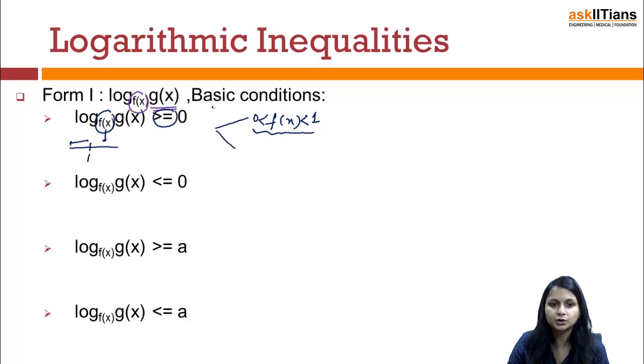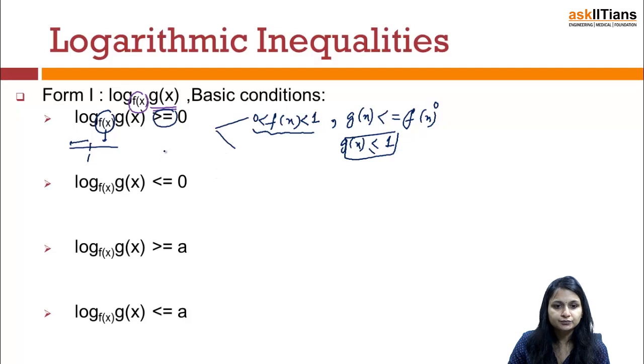So this greater than or equal to becomes less than or equal to, and here it would be f(x) raised to the power 0. So this becomes g(x) less than or equal to 1. Let's take the next case. If f(x) is greater than 1, the sign of inequality will not change, so g(x) will be greater than or equal to 1.